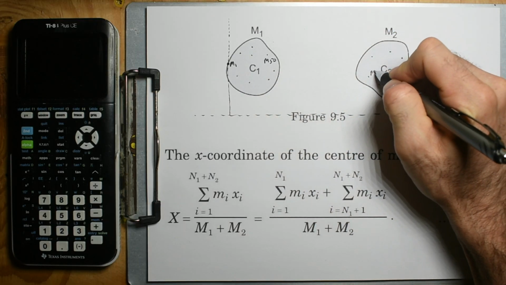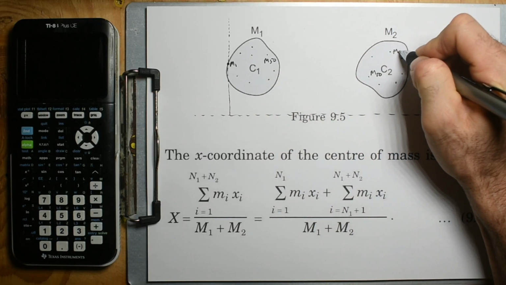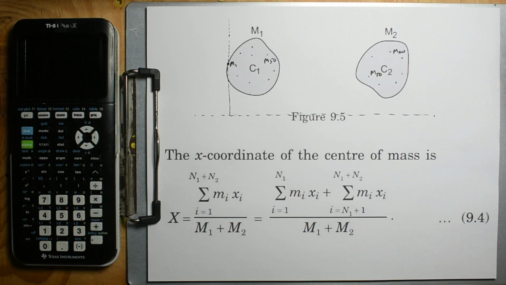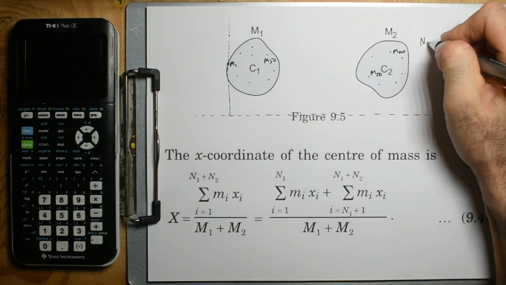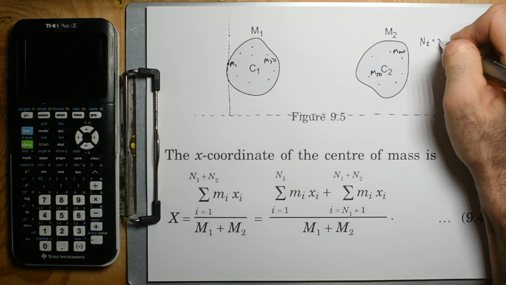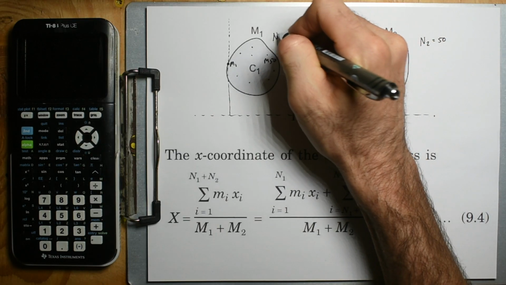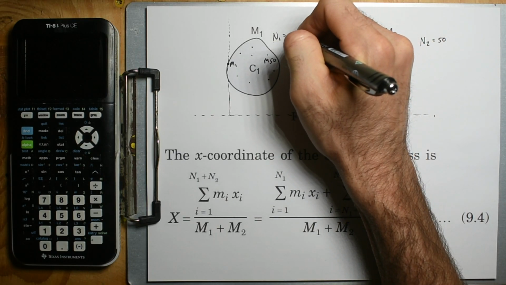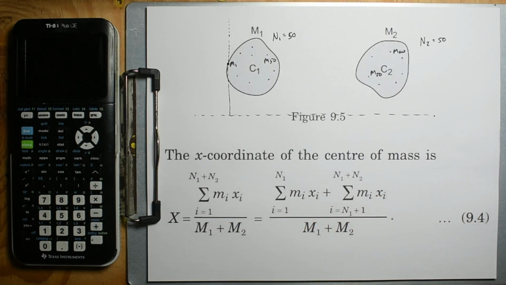This has particles 50 through 100. The total number of particles for this, for N2, is 50, and the total number of particles right here is also 50.